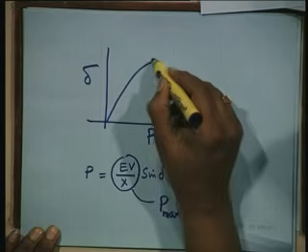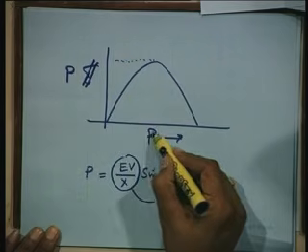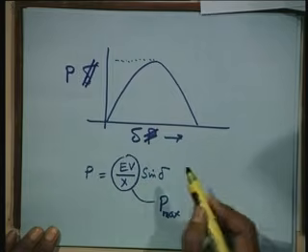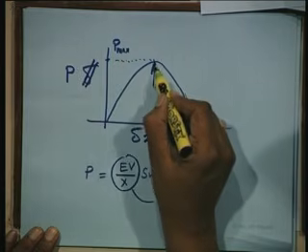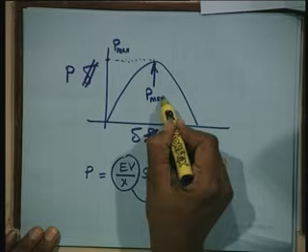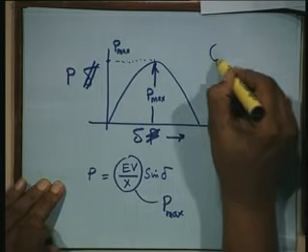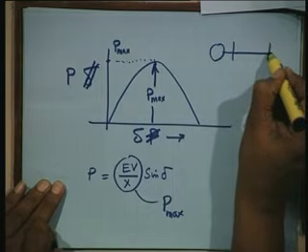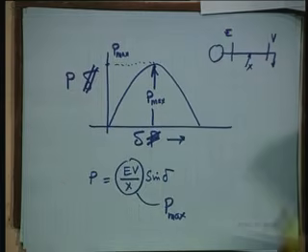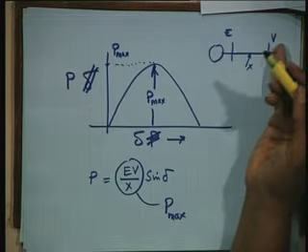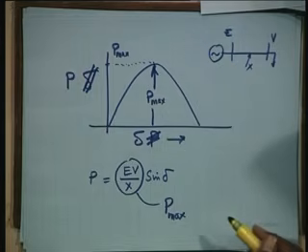Why is it constant? Consider P versus delta. So this is P max. V is fixed. This is the transmission line. This is V, this is E, and this is X. Once the transmission line is fixed, X is fixed. Voltage at the receiving end is fixed. Voltage at the sending end is fixed. So P max is constant.